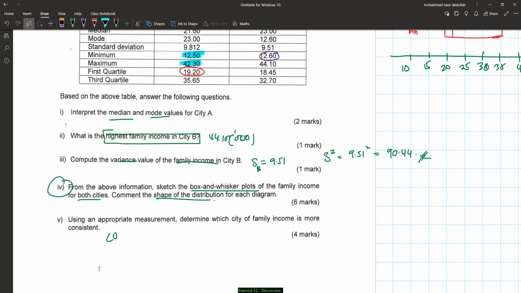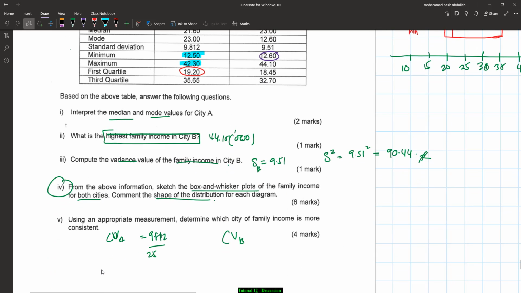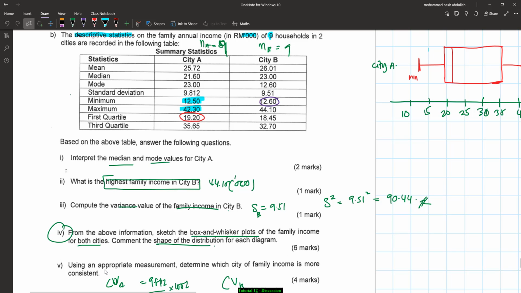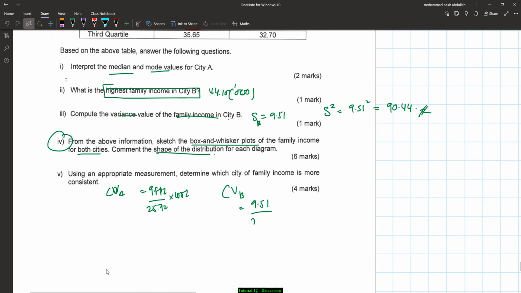Coefficient of variation for A, coefficient of variation for B. So let's say A is 9.812 divided by the mean, 25.72, multiplied by 100%, and for CTB it is 9.51 divided by 26.01 multiplied by 100%. So what is the value for CTA?